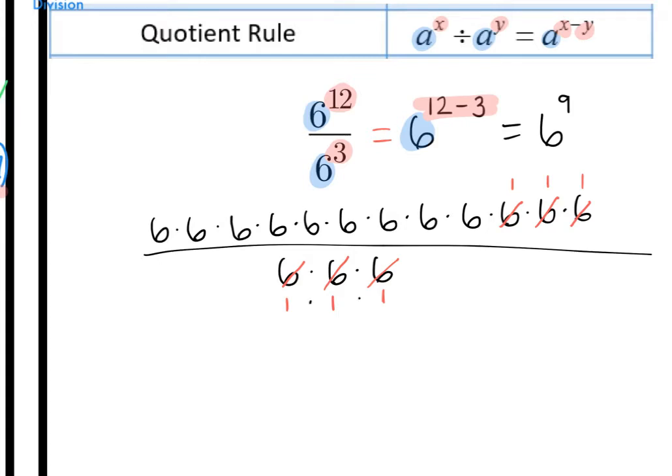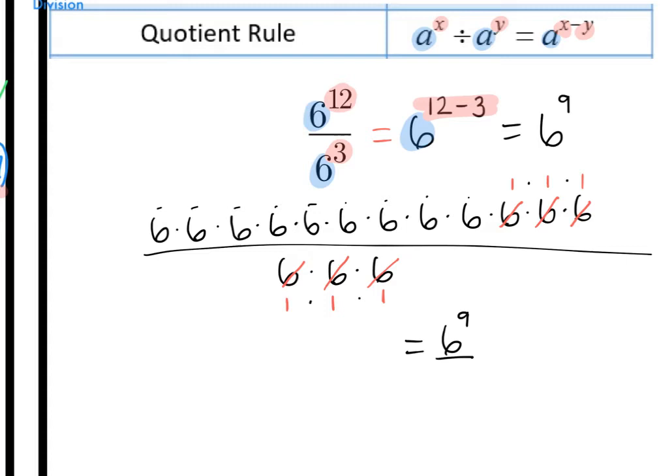Remember that this is still multiplication. So we have 6 times 6 times 6 times 6 times 6 times 6 times 6 times 6 times 6. And then times 1 times 1 times 1. Multiplying by 1 doesn't change anything, so we're actually just going to rewrite it with just my 6's. So it is 6 to the 1, 2, 3, 4, 5, 6, 7, 8, 9 power.